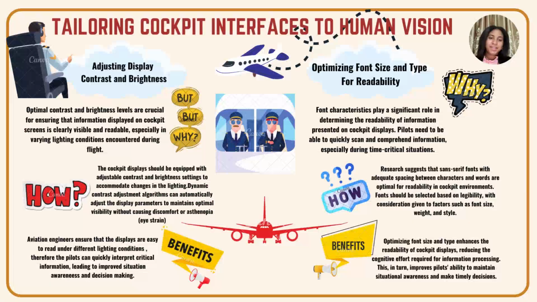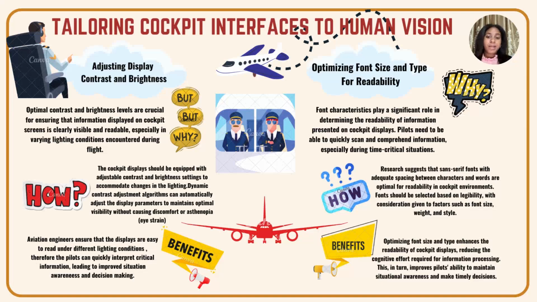Tailoring cockpit interfaces to human vision. Adjusting display contrast and brightness. Optimal contrast and brightness levels are crucial for ensuring that information displayed on cockpit screens is clearly visible and readable, especially in varying lighting conditions encountered during a flight. How?